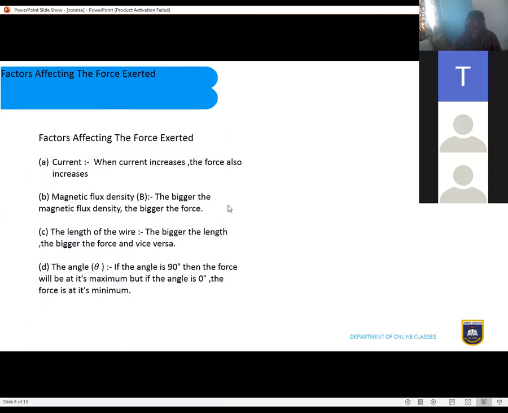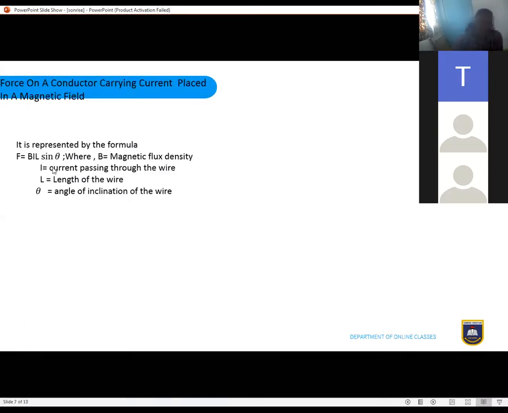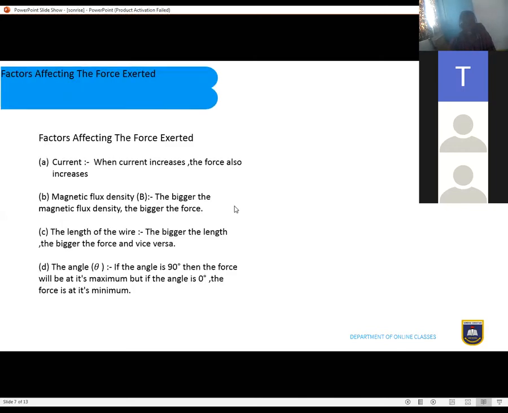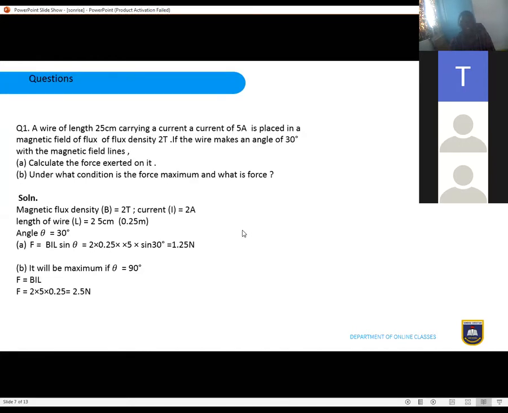Let's go to the formula again: F equals BIL sine theta. Now theta is 0, sine 0 is 0, so 0 times L times I times B gives us 0. So the F is going to be 0. The force will be at its minimum when theta is 0 degrees.